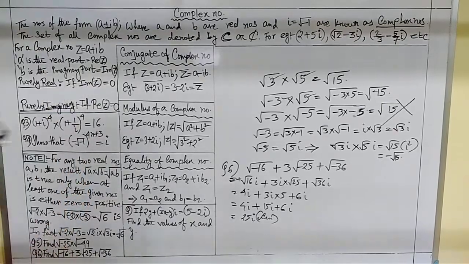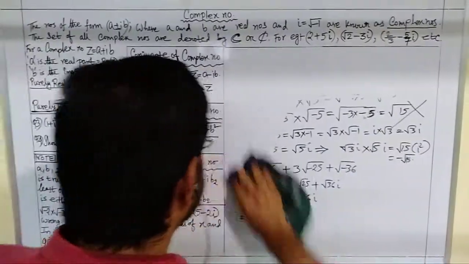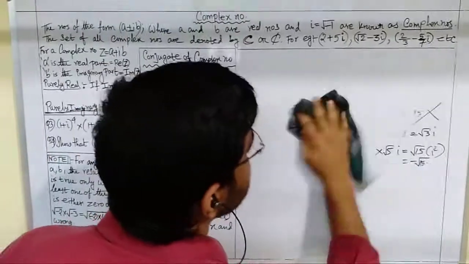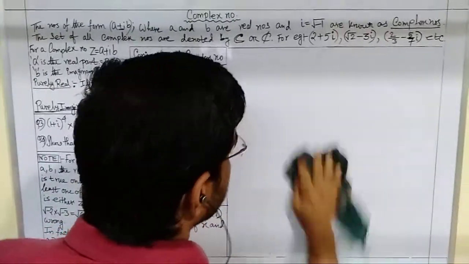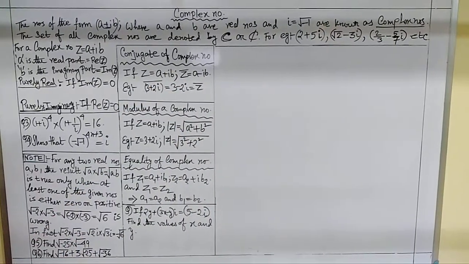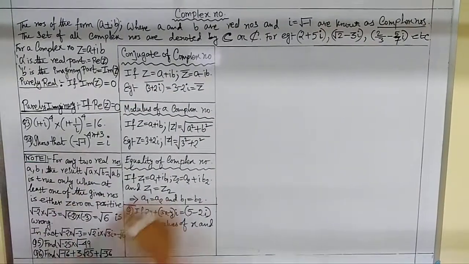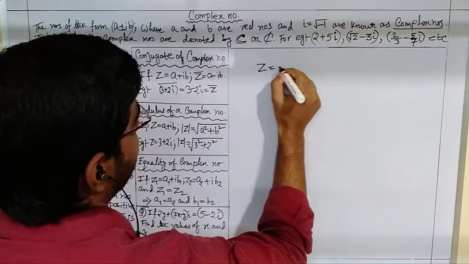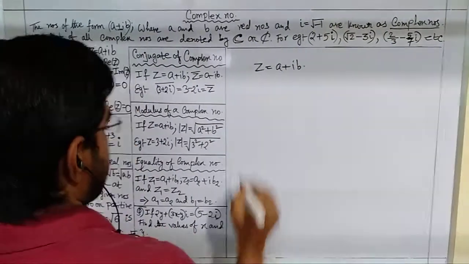In the next part, we are going to learn 3 important terms related to complex numbers. First one is the conjugate of a complex number. What do we mean by the conjugate of a complex number? For example, let the general form of a complex number be a plus ib.